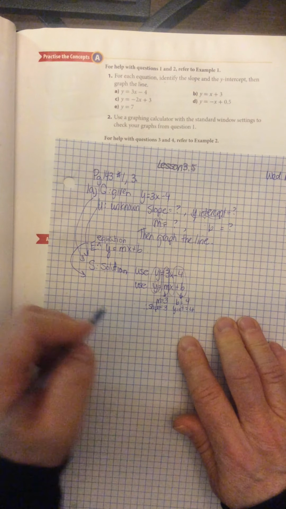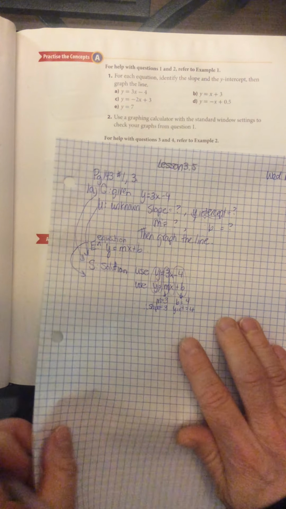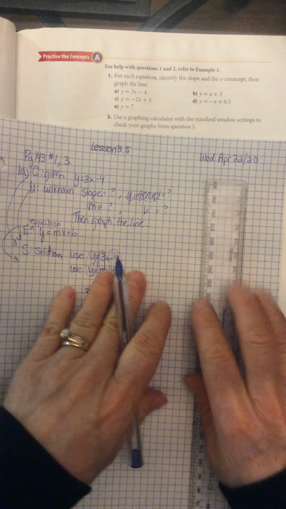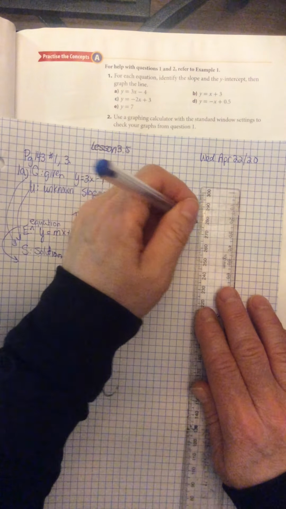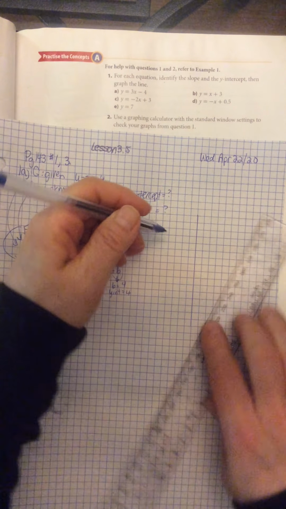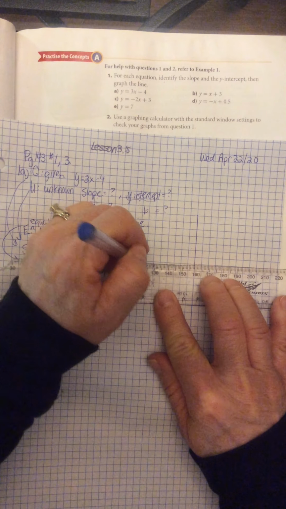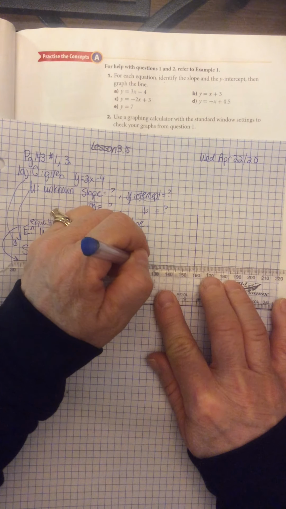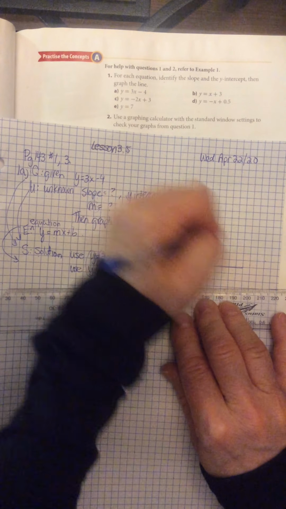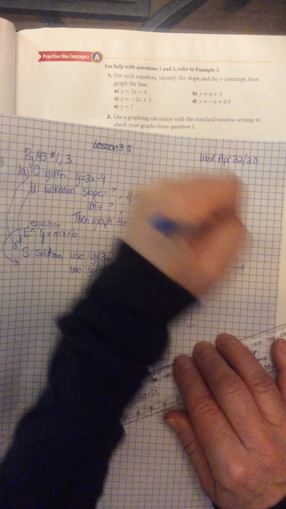Now the solution says we find the slope, the y-intercept, but we have to graph the line. So let's go over to this side of our page. The graph paper that I will attach to this day's lesson is for you to print out if you don't have any.